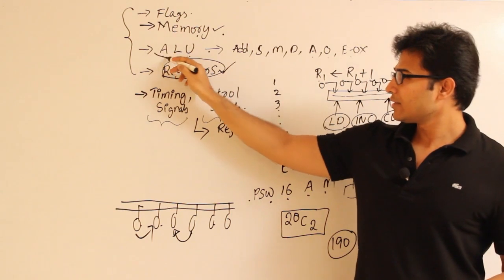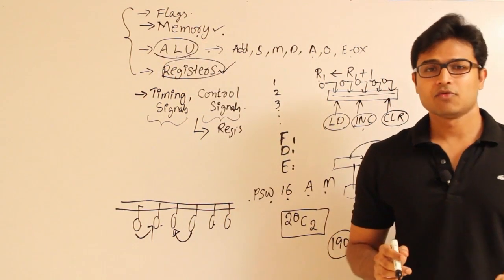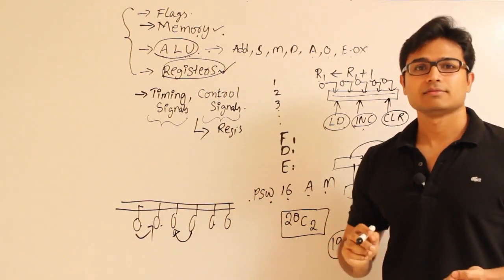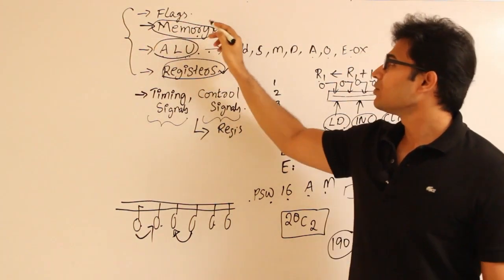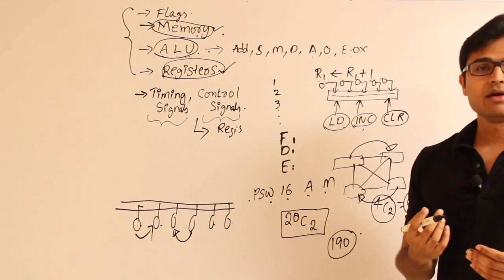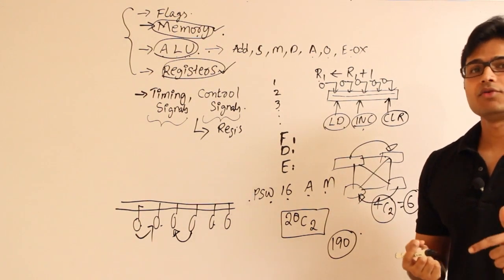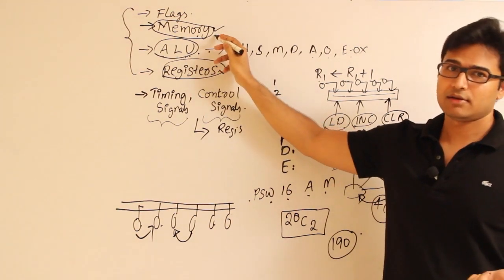Also we have to select and enable certain circuits in the ALU. For example, if you want to add two numbers, then you have to enable the adder. Got it? And similarly, you might have to read something from the memory or write something onto the memory. For that also we have to send signals, one for read and another for write.